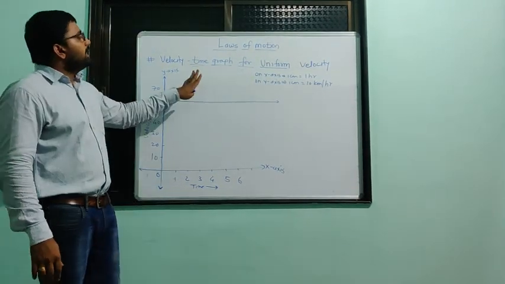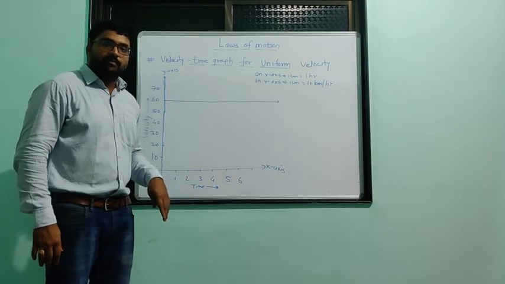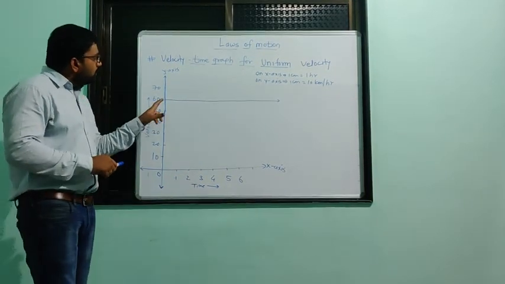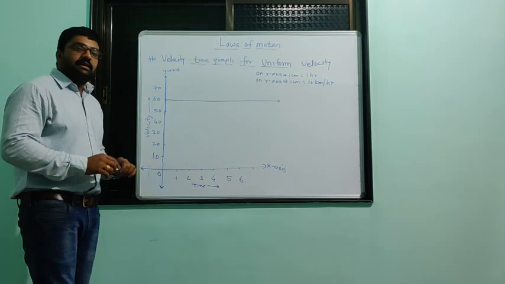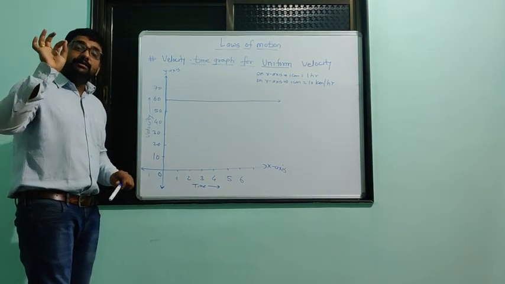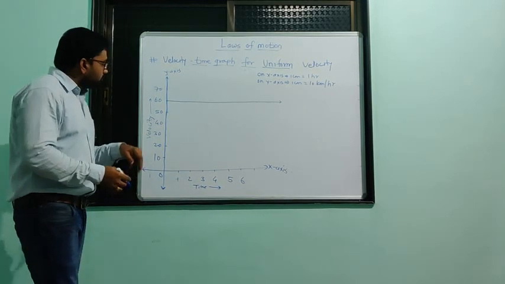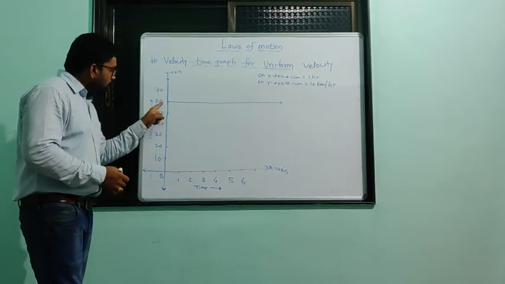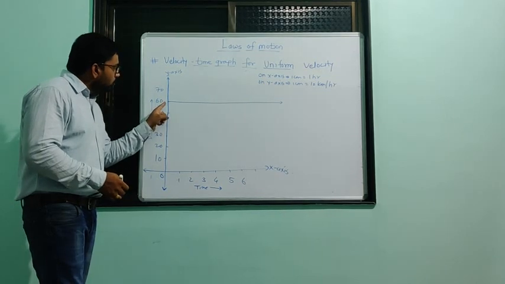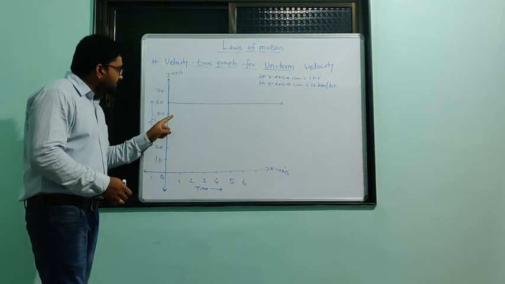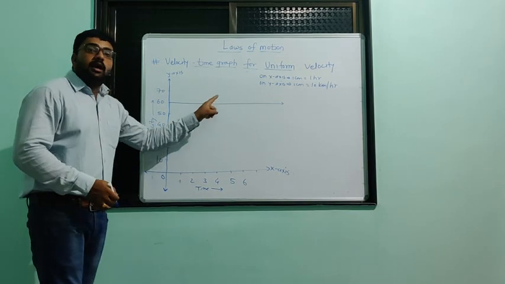Now here we have to consider one case. Suppose the velocity of an object is constant, meaning same, that we call uniform velocity. Suppose an object travels with a uniform velocity of 60 km/h.